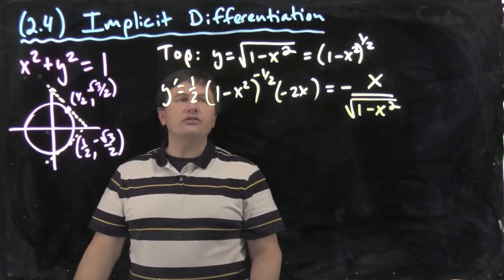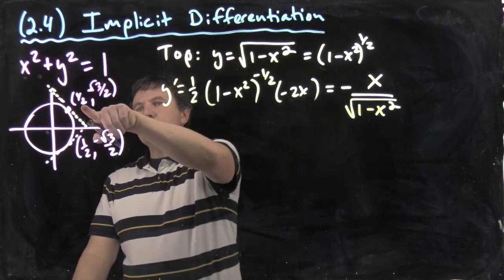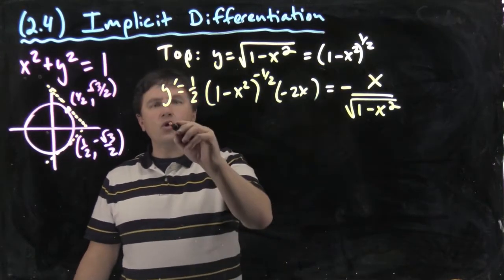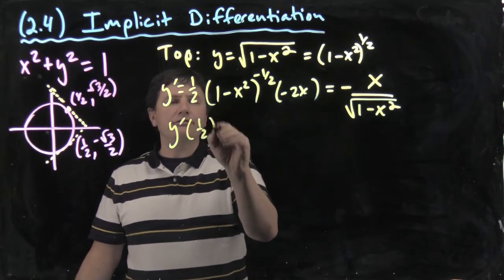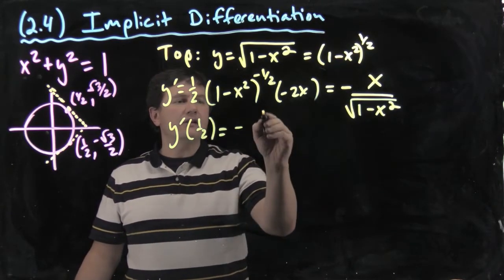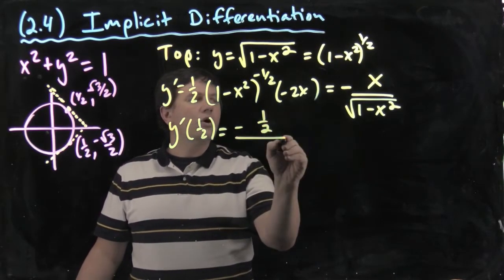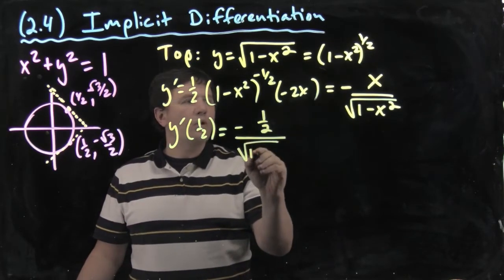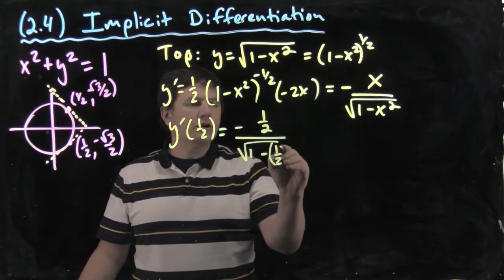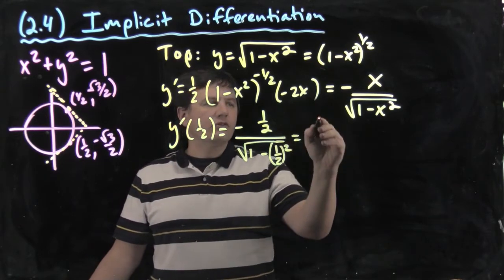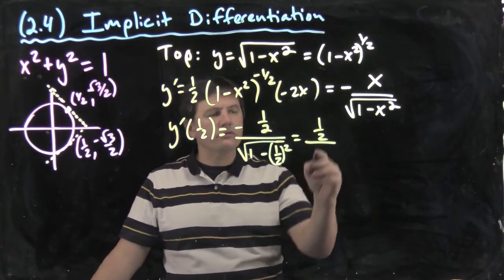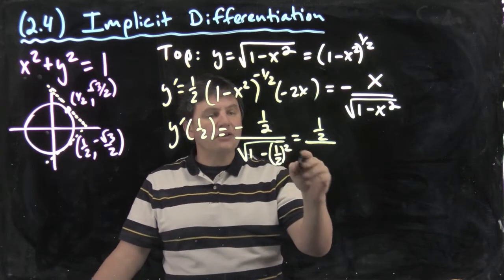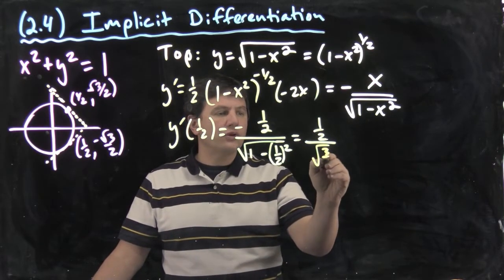So if I want to find the tangent line here, I need this slope. So y prime of 1/2 is equal to negative 1/2 over 1 minus 1/2 squared. So that's 1/2 over 1/2 squared, which is 1/4. So this will be 1 minus 1/4, so that's 3/4.